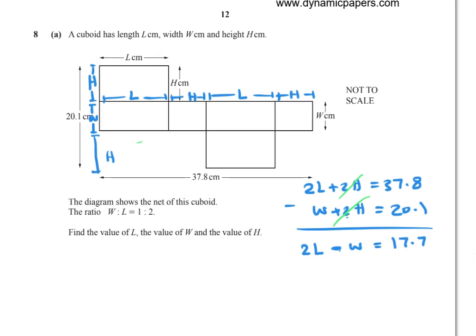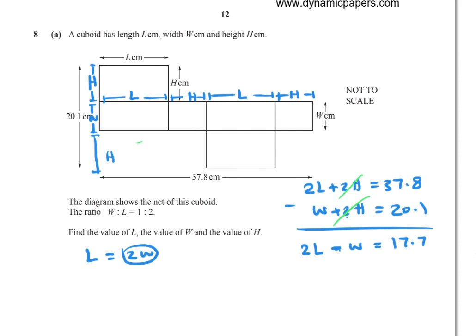But it's given to you that the ratio between width and length is 1 to 2. So this means the length is double the width. So we can replace length by 2 widths.